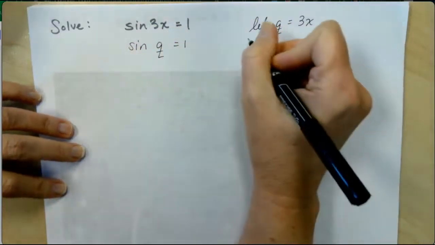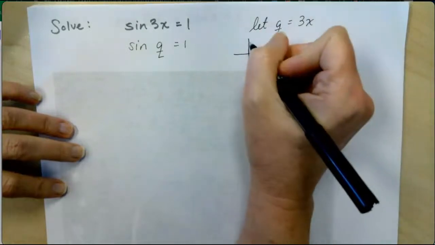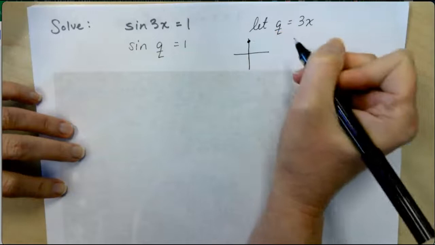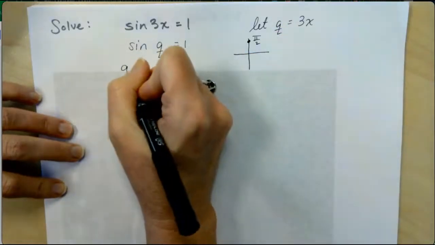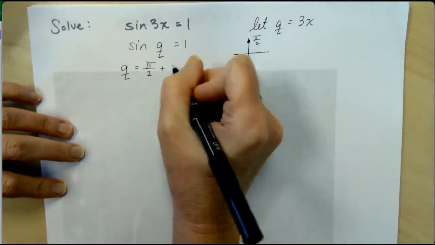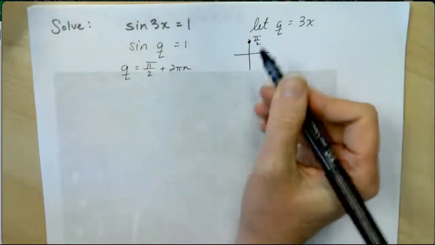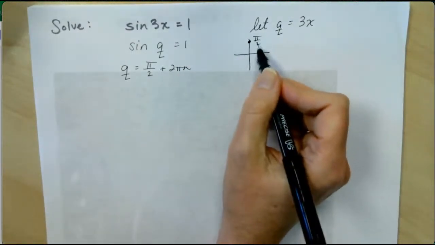Think about your unit circle, and where does the sine equal 1? The sine equals 1 right up at the top at pi over 2. So that means q equals pi over 2 plus 2 pi n. This is the only time where sine equals 1.